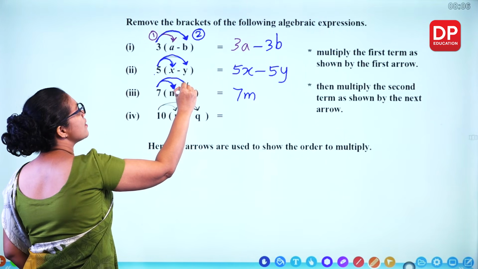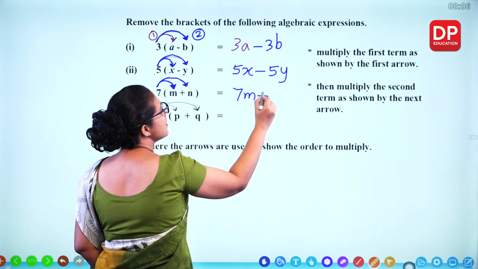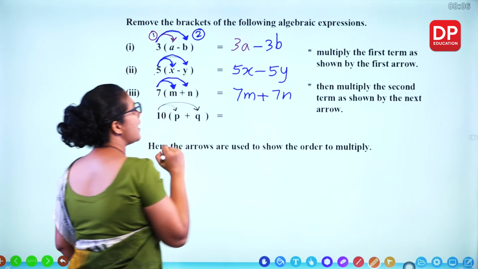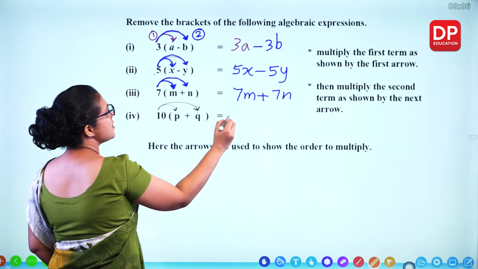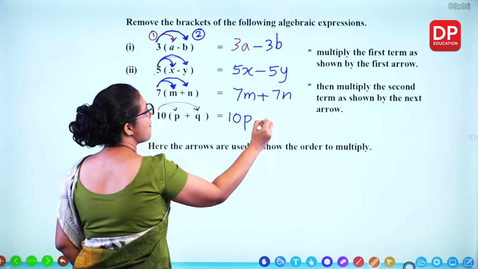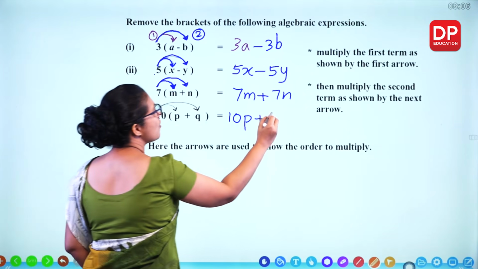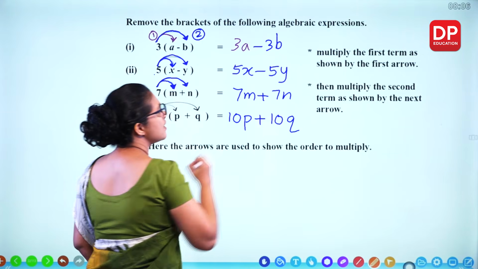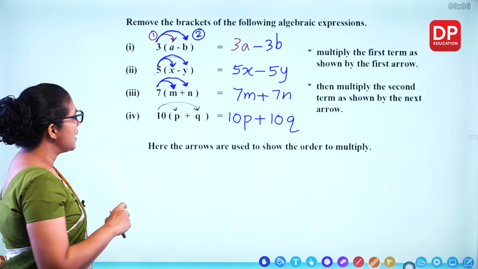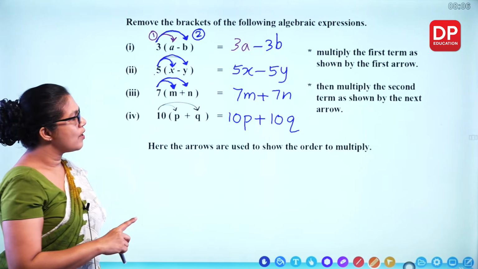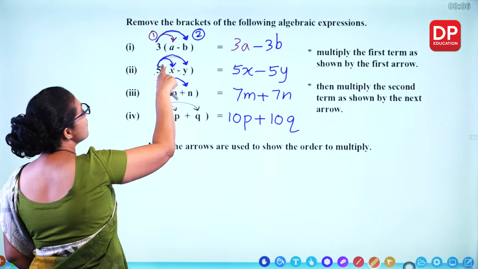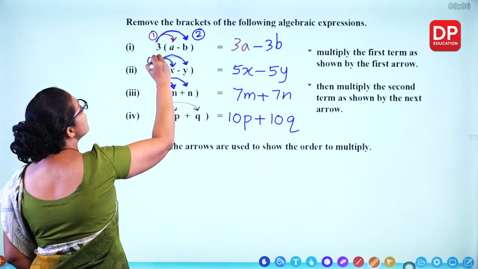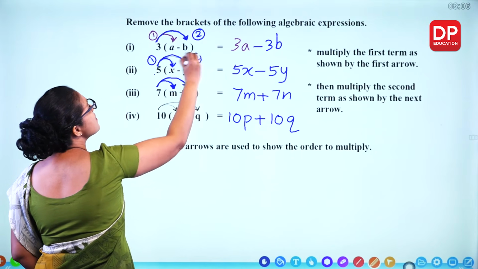Then this one, 7 times n, plus 7n. 10 times p, 10p, plus 10 times q, 10q. Here the arrows are used to show the order to multiply. So here always, we take the first one first and this is the second one.